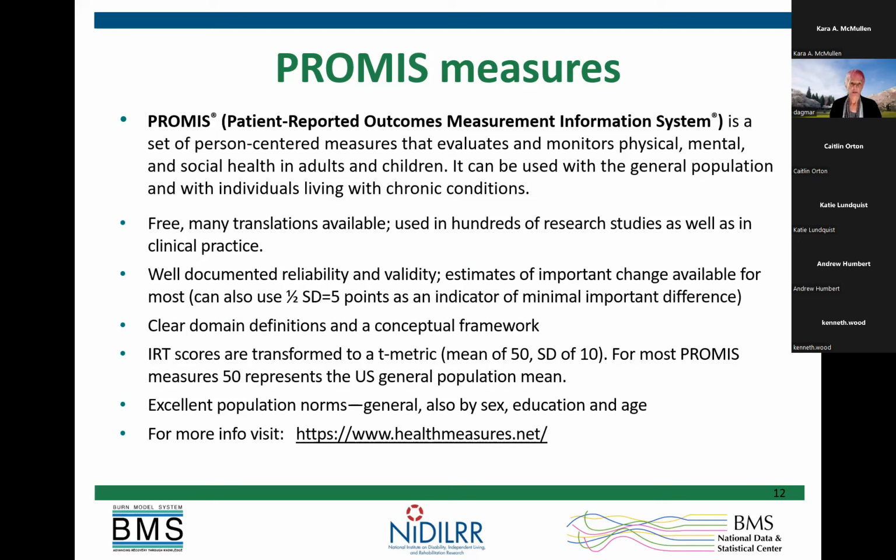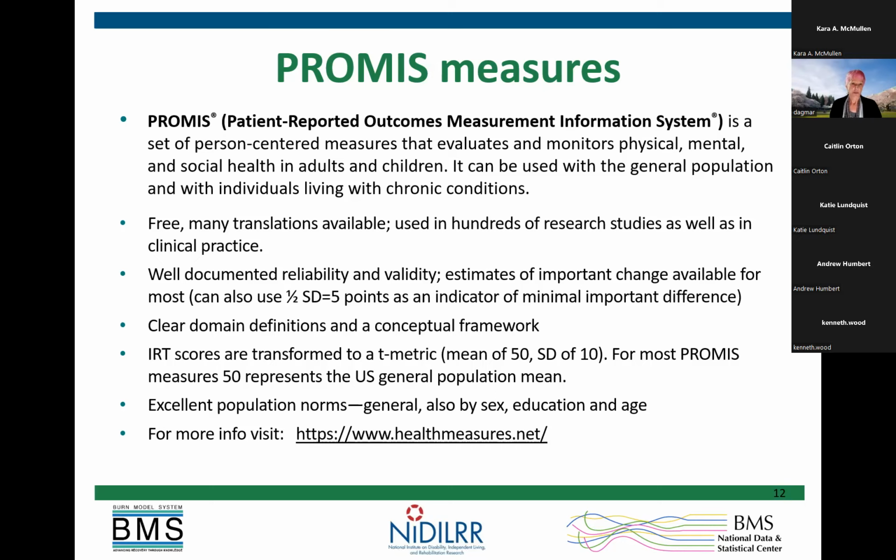There is well-documented reliability and validity of Promise measures. There are good estimates of important change. For most of the Promise measures, if they are not available, there is still a good rule of thumb where we can use a half a standard deviation or 5 points as an indicator of minimally important difference.